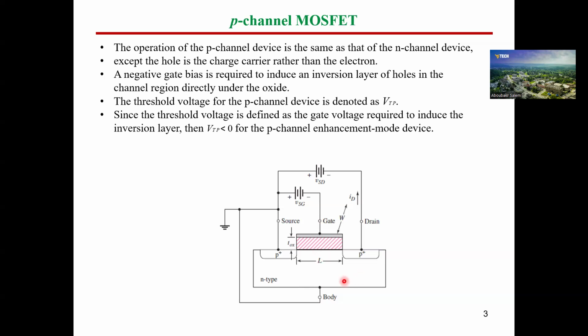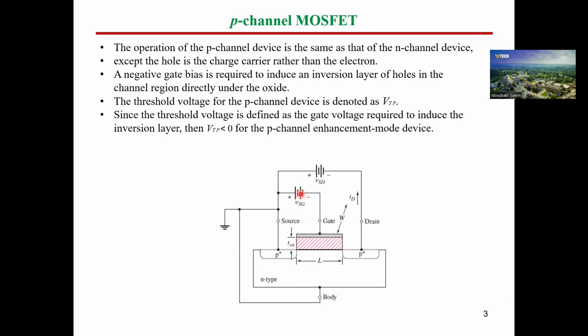And regarding the supply, for sure, in order to have holes here in the drain, this could be connected to a negative side. So the negative sign here will attract the holes to the surface here, and the same is also for the other side.